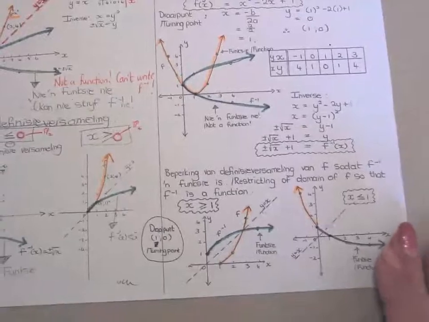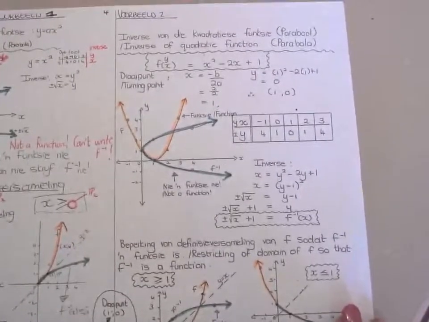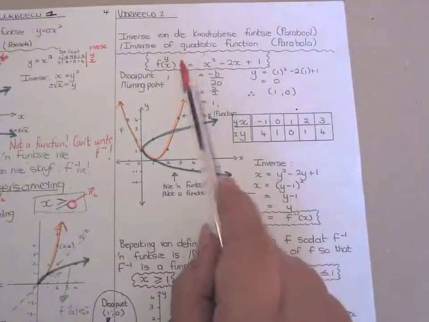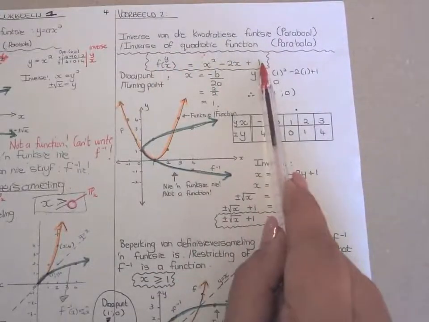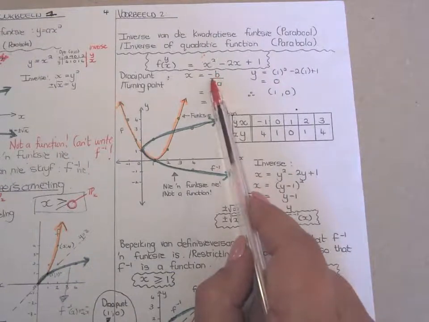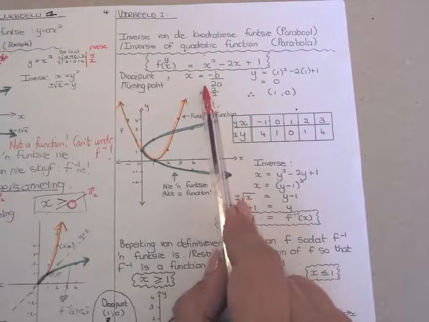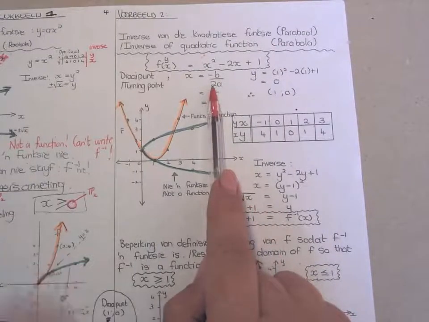Let's look at example 2. If we have a function of a parabola, our turning point is very important, because the x value of the turning point will be the indication of where we're going to cut our parabola.